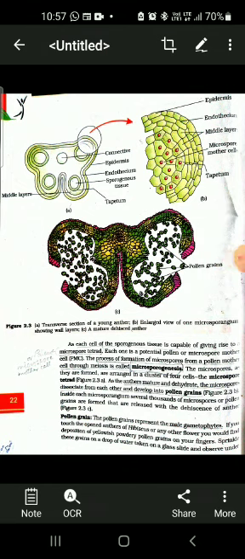This pollen tube comes out of the pollen grain through this germ pore. The inner wall of the pollen grain is called intine, and it is a thin continuous layer made up of cellulose and pectin. The cytoplasm of the pollen grain is surrounded by the plasma membrane.